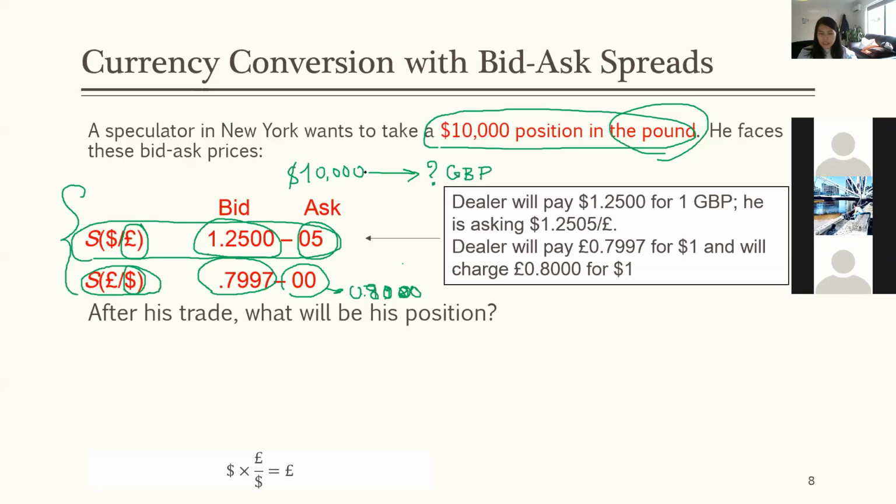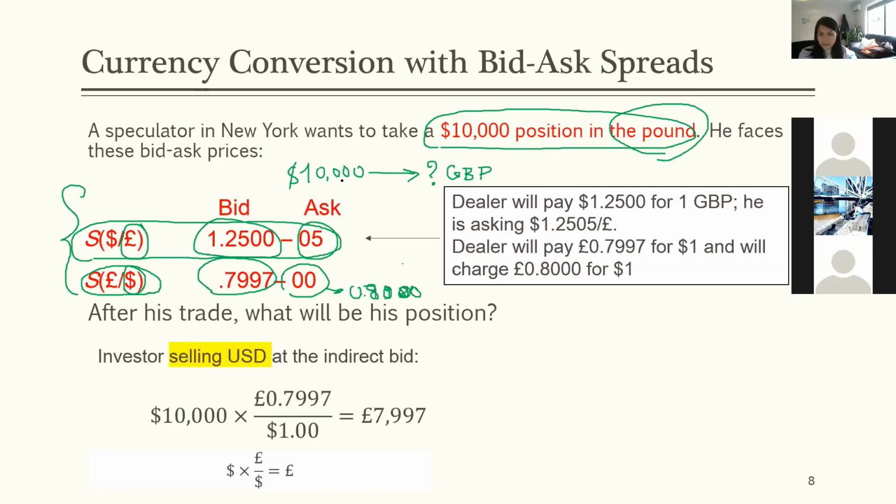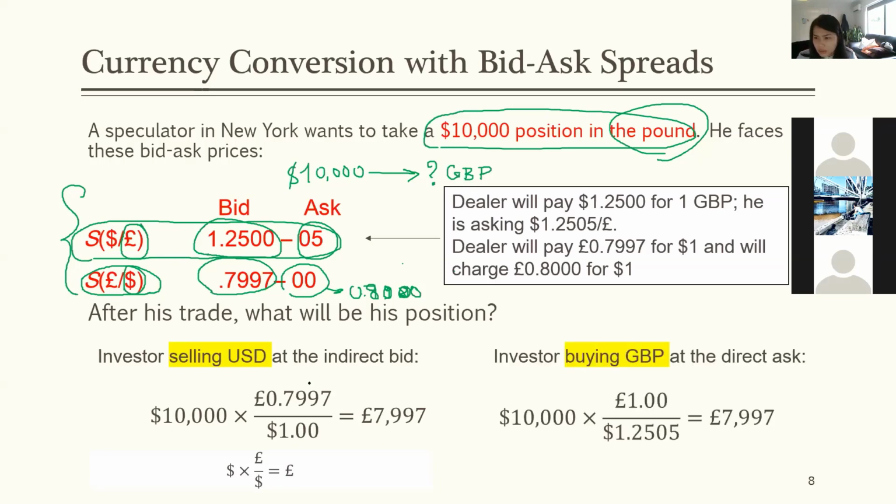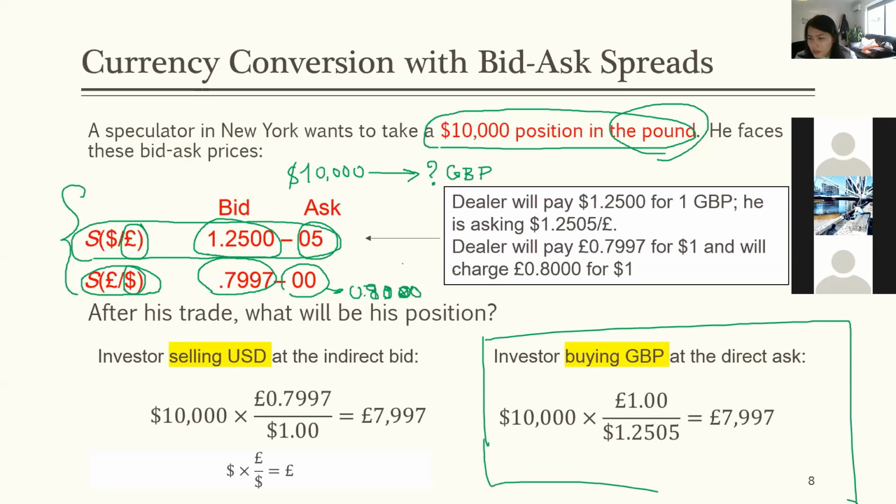1.25. Yeah, that's right. So if I have 10,000 and I want to exchange into the pounds, I will have to determine whether I am buying or selling.